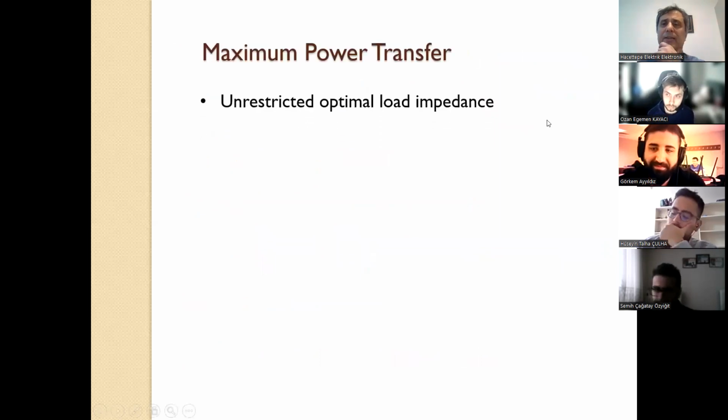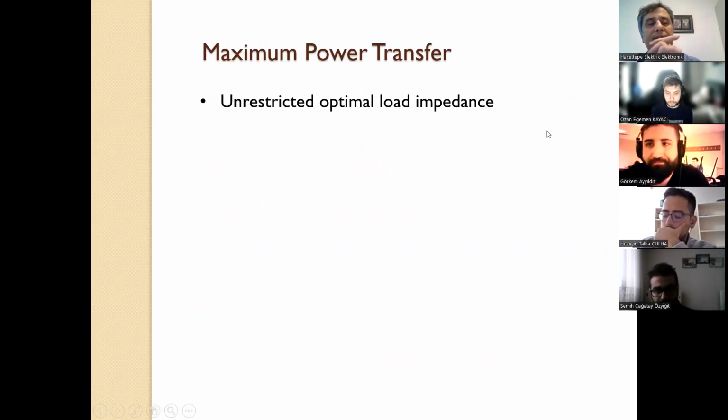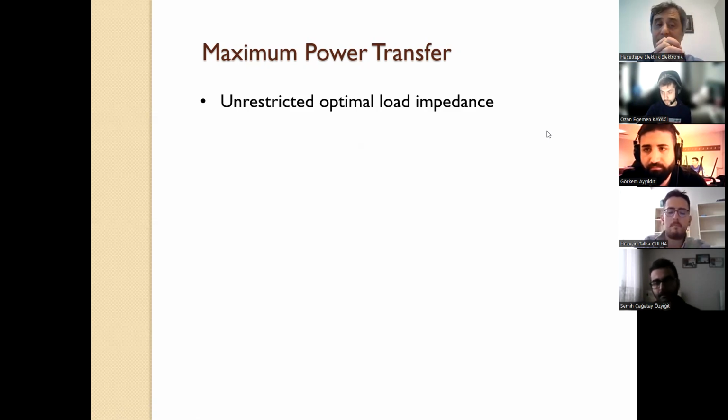Okay, last part that I would like to mention, maximum power transfer. We are revisiting this quite a lot. We know from the first term that the maximum power transfer condition is this. What is that? It should be equal to Thevenin resistance, isn't it?